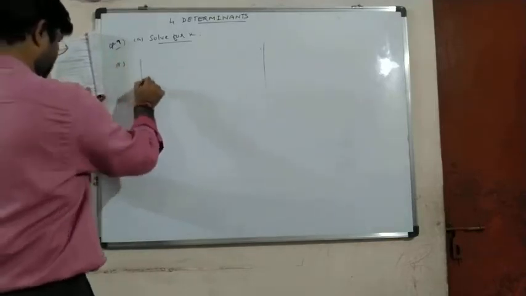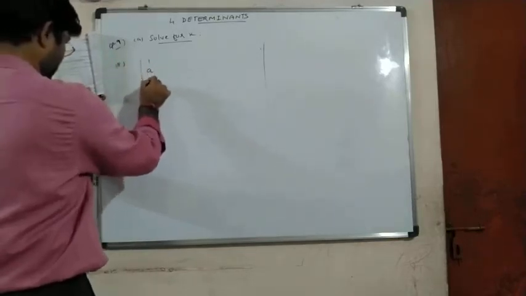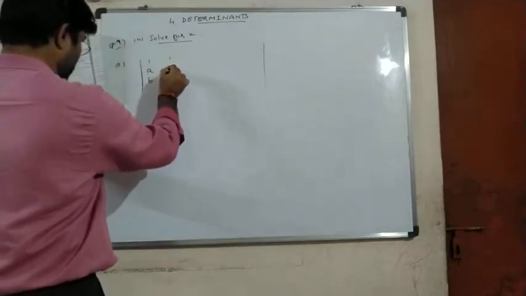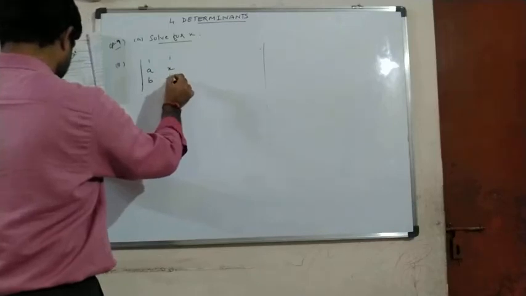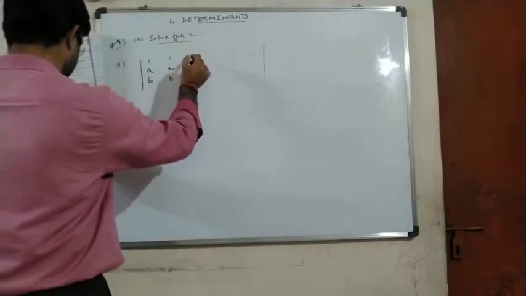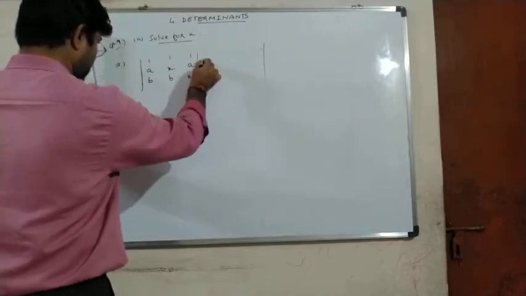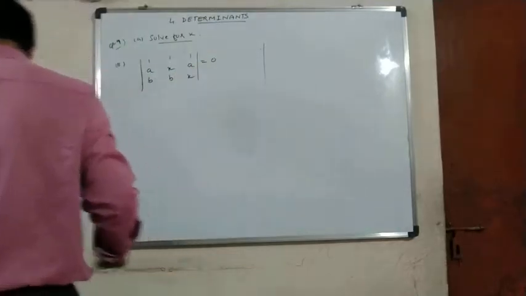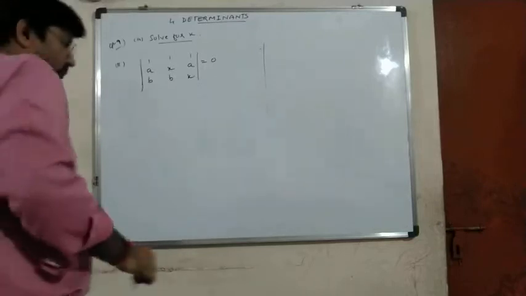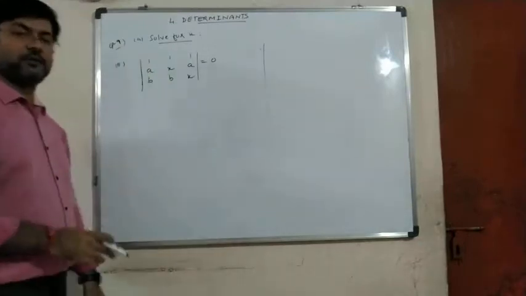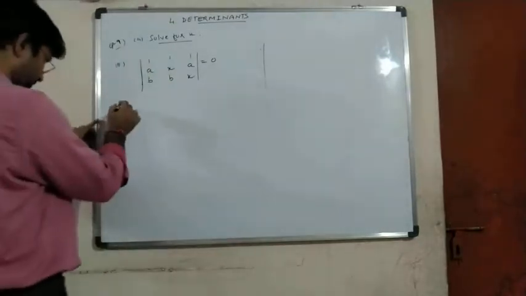Second question: 1 a b, 1 x b, 1 a x equal to 0. Now obviously this is also a similar kind of question. Since the first row contains 3 ones, we can get 2 zeros.